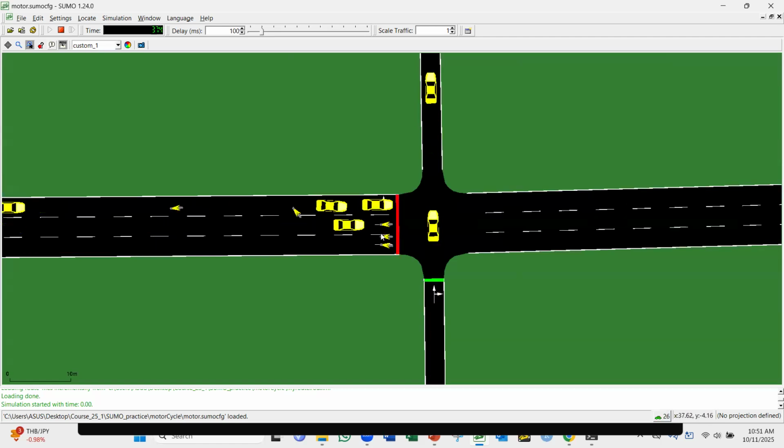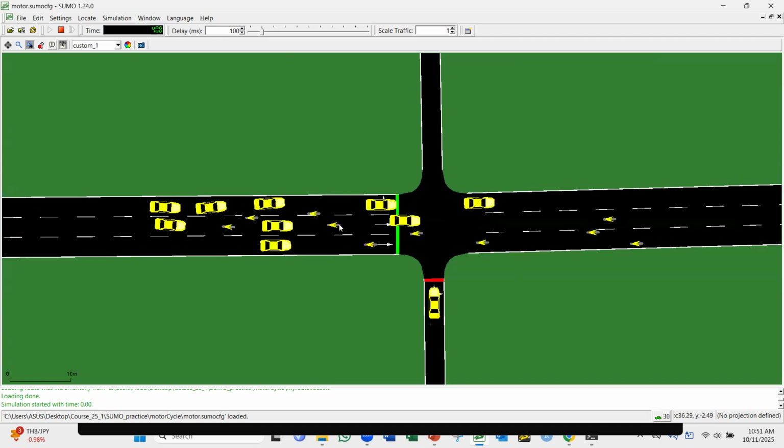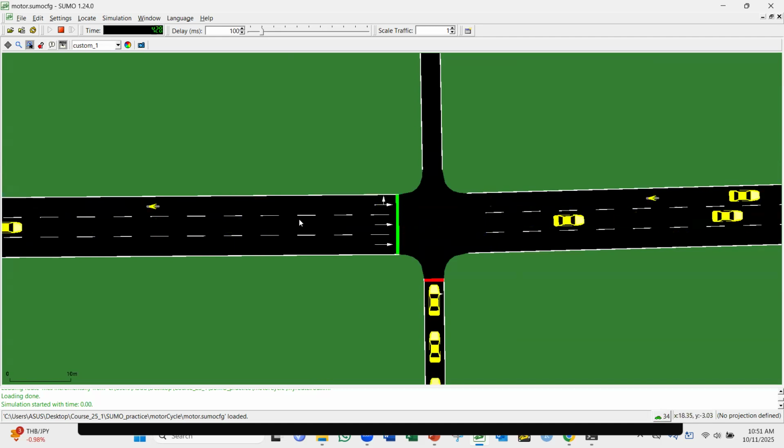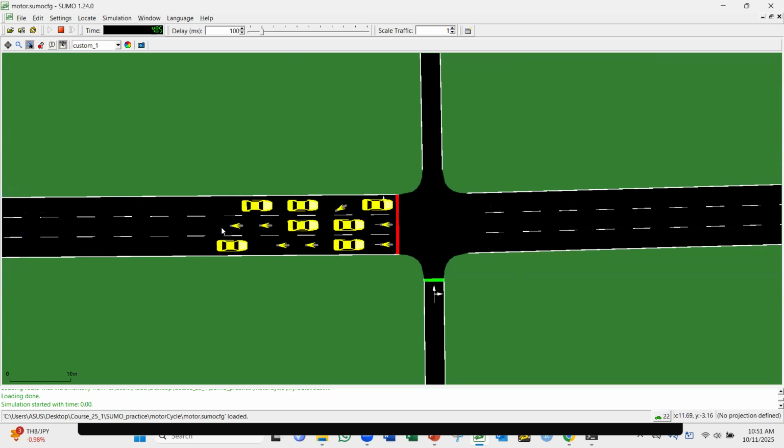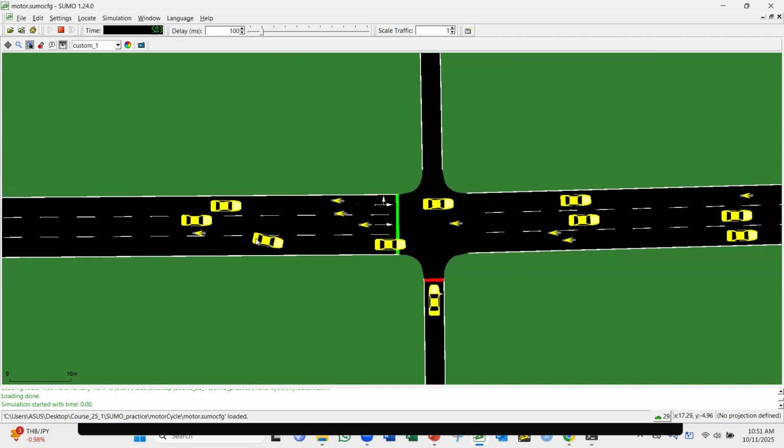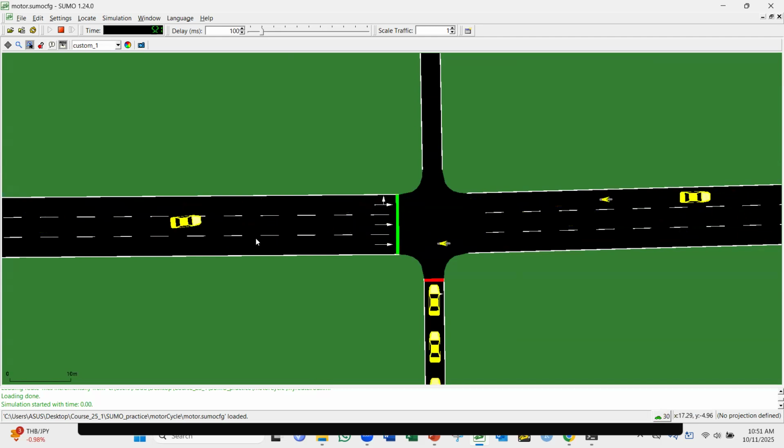Whenever at the signal, three bikes are stopped in two lanes and motorcycles are trying to squeeze in behind or around the cars to get the space. This is the actual behavior of motorcycles that is observed in real world scenarios.